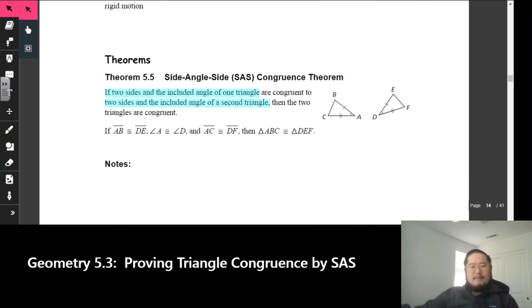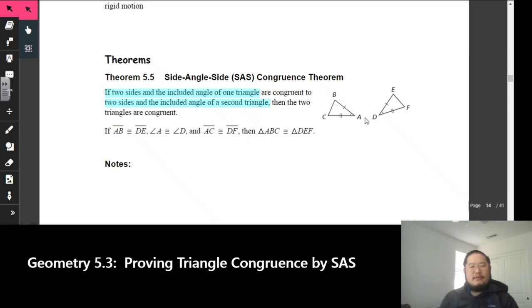In Theorem 5.5, it states that if two sides and an included angle of one triangle are congruent to two sides and the included angle of a second triangle, then the triangles are congruent. The big thing here is to take a look at triangle ABC.